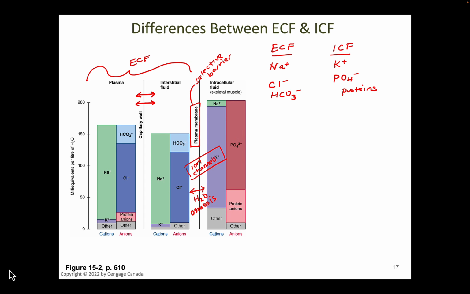Although the composition of the fluid differs, the outside having more sodium and chloride and inside it's more potassium and phosphate, the total dissolved substances, or the osmolarity, is the same in the ECF and ICF. And that allows our water to just go back and forth without filling up our cells or dehydrating our cells.